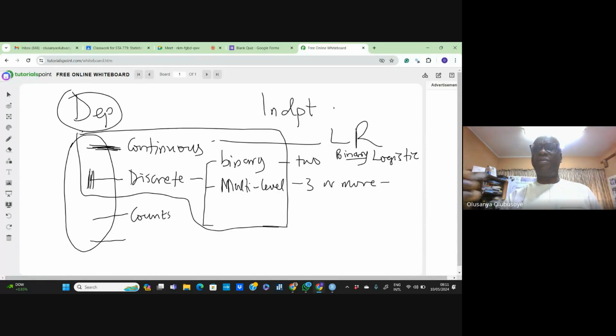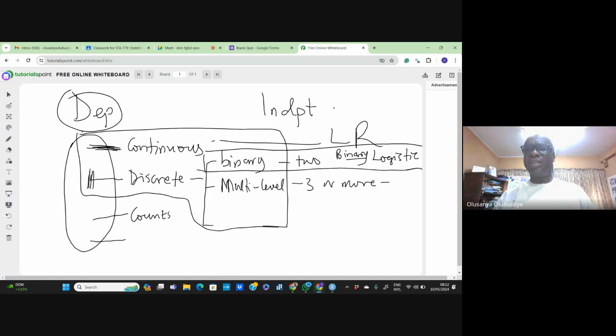So in other words, this logistic regression is also applicable to a dependent variable with 3 or more levels. Our focus in our lecture today is binary logistic regression.